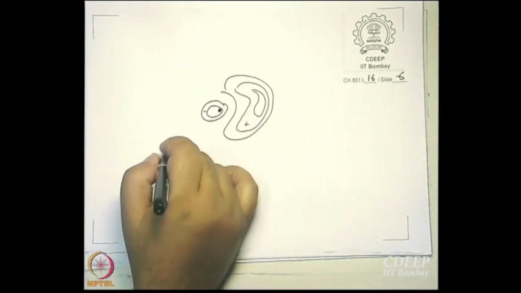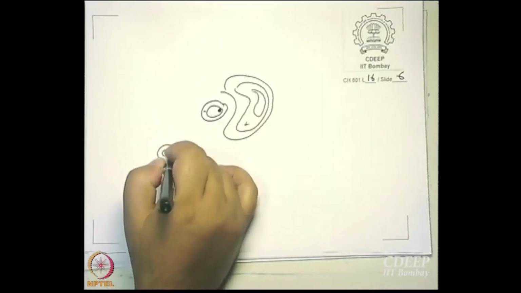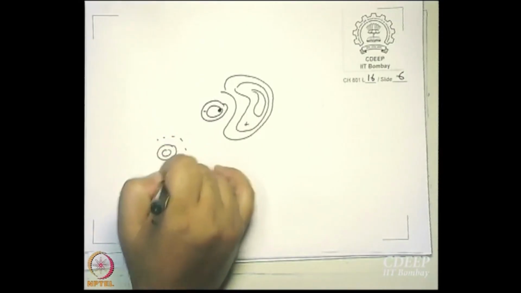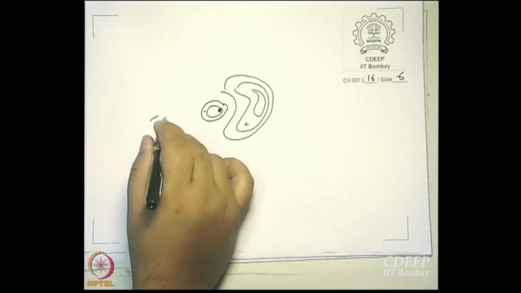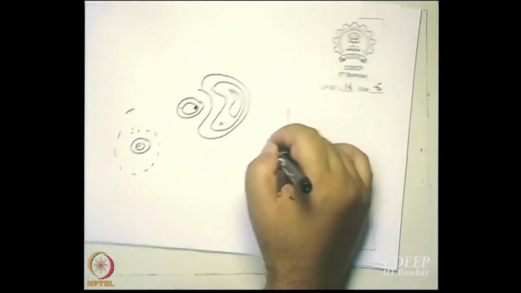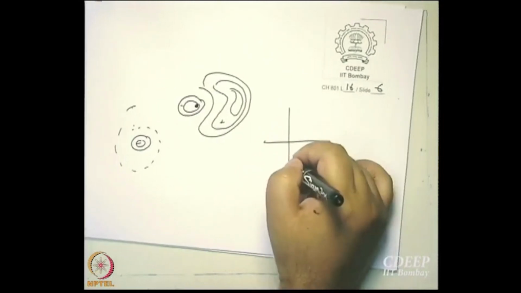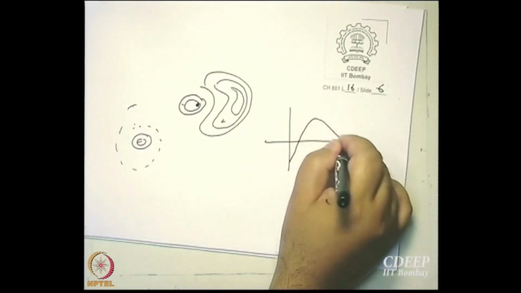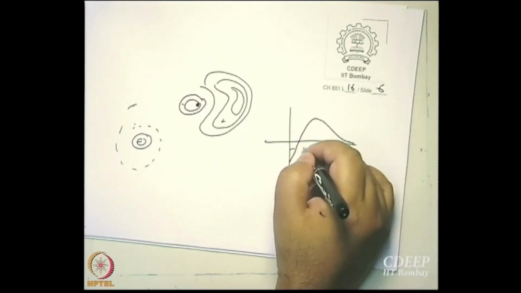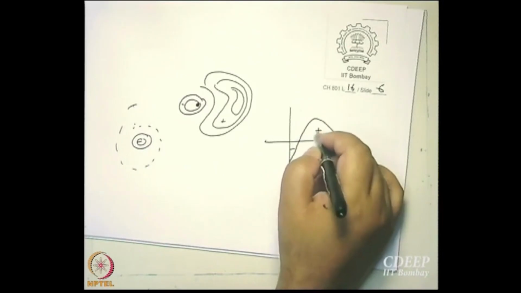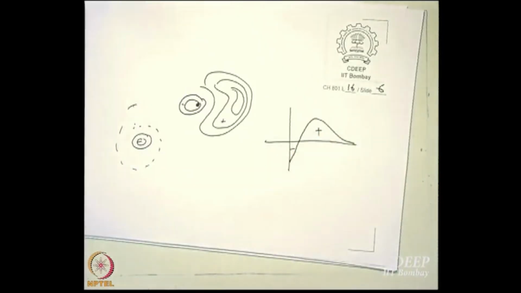What is 2s? 2s has a node, right? So let's say this is minus, outside only you have plus. So once again, take a section. This is what 2s is going to be, something like this, minus close to the nucleus and plus away from the nucleus.